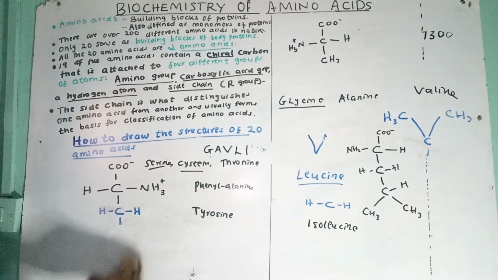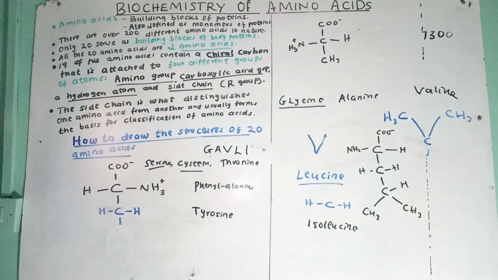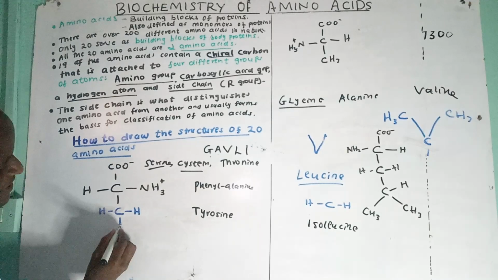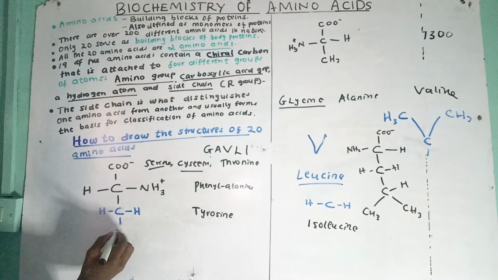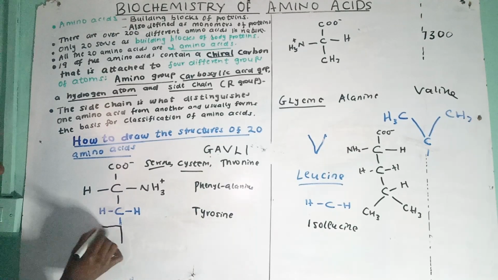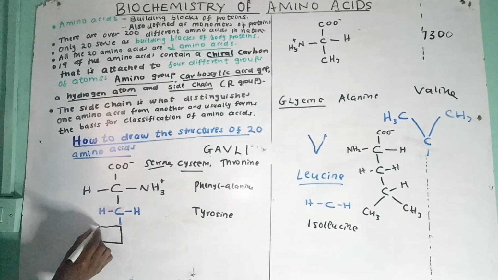For you to draw tryptophan, these are also alanine derivatives, the ones that I've been drawing. To draw tryptophan, we need to have our alanine that is attached to a 5-membered ring, like that. We call it an imidazole ring.